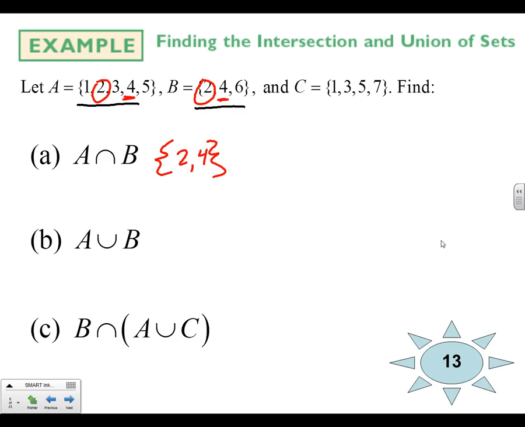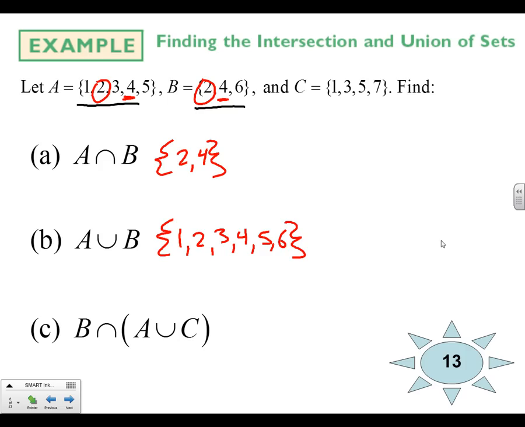All right, so we could do the union of A and B. That would be everything that shows up in either one of them. 1 shows up, and so does 2, and 3, and 4, and 5, and so does 6. Those are all the numbers that show up in either one.